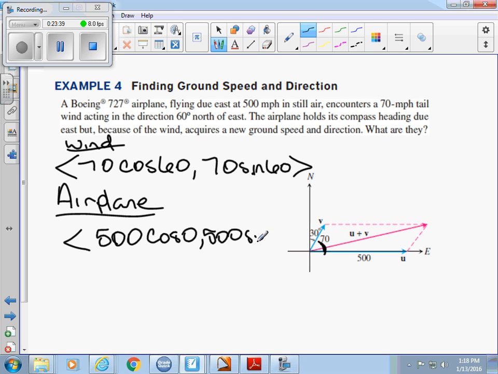Why is that silly to write? Can't you see that from the picture? That this point ends at 500, 0? I mean, it makes sense. Cosine of 0 is 1, as you know, so this is the vector 500, 0. So the airplane is 500, 0. The wind is, what's cosine of 60 degrees?